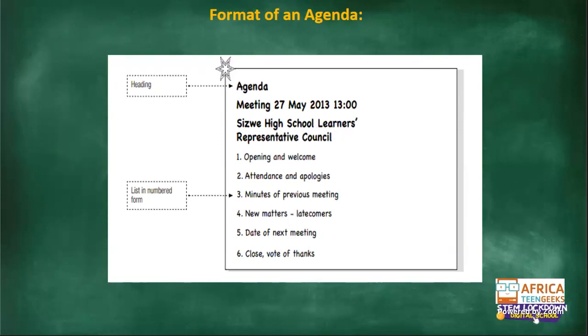So when you write the agenda, we use the future tense, because the meeting hasn't taken place as yet. What I always advise learners is to write down your points in point form as opposed to writing down full sentences. Do you understand?